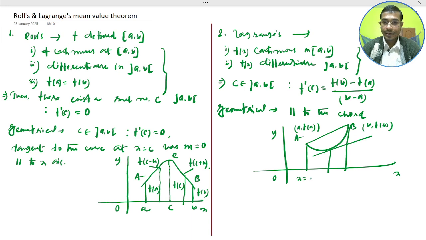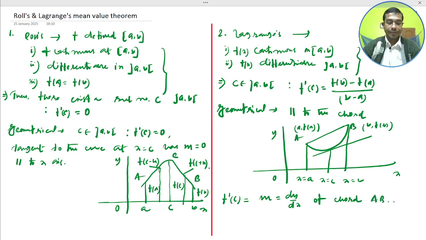This is x equal to a, x equal to c, x equal to b. So f dash c means the slope m, that is dy/dx, the mathematical representation of chord AB. This is the geometrical representation of Lagrange's mean value theorem.